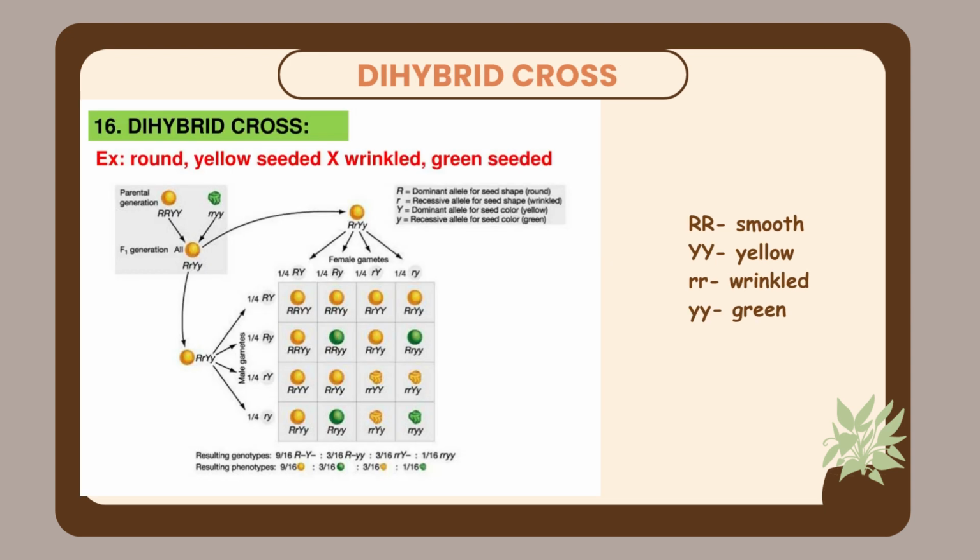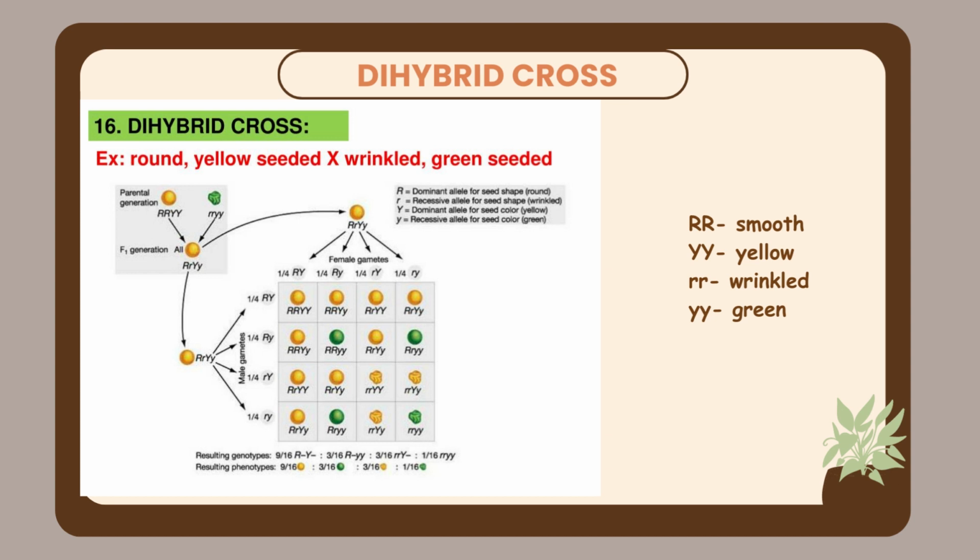So the next one is the dihybrid cross. As you can see, monohybrid cross and dihybrid cross are just the same, but they are differentiated on how they are characterized. As you can see in the figure on our screen, the dihybrid cross is composed of two pairs of genotype.